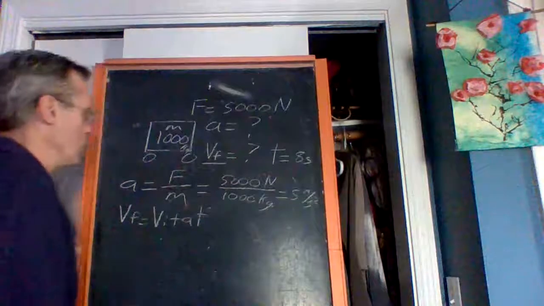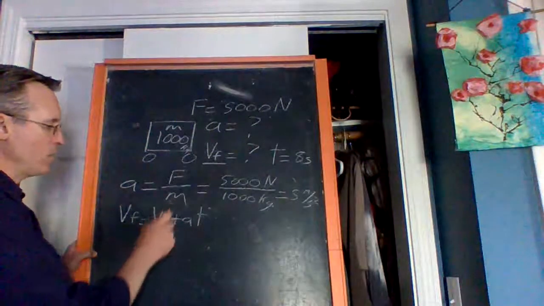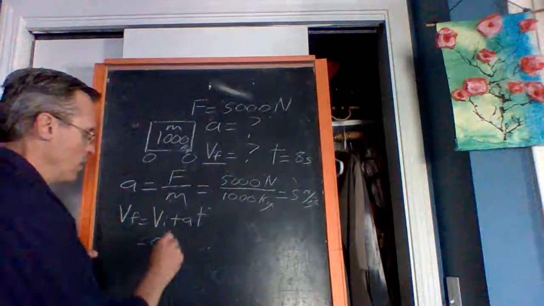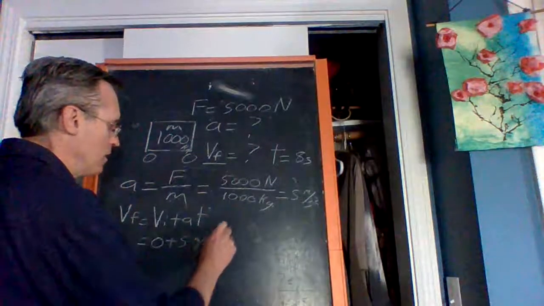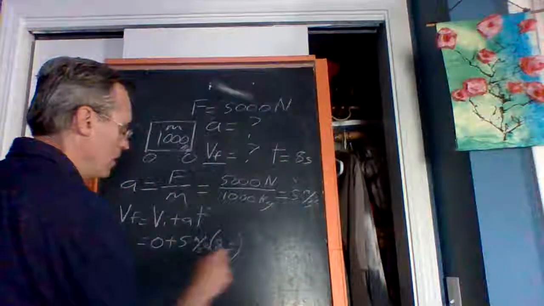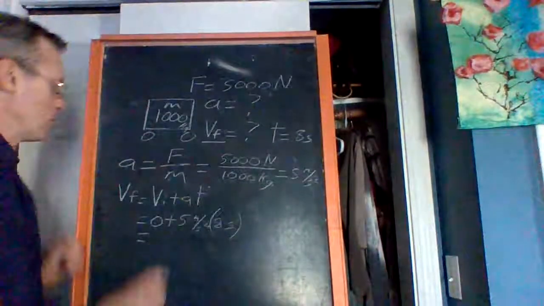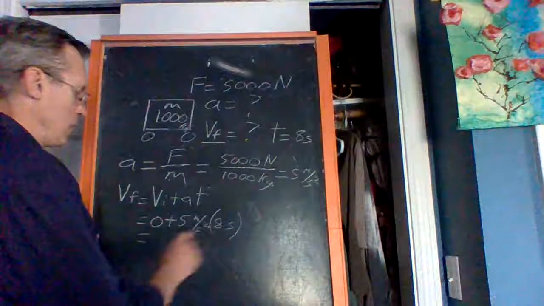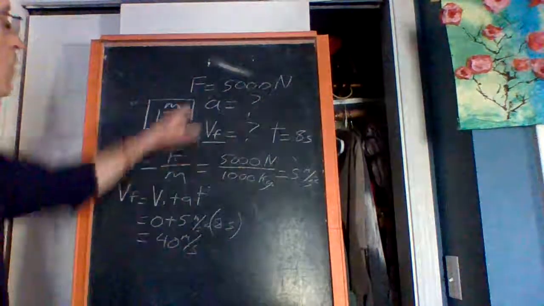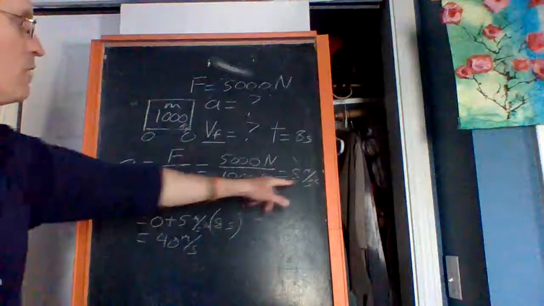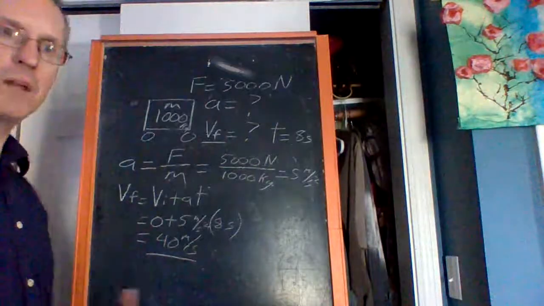If you're starting from rest, the initial velocity is 0, plus a is 5 meters per second squared, and t is 8 seconds. So 5 times 8 is 40 meters per second. If you put that force on the car, it will speed up at 5 meters per second squared, and after 8 seconds it will be going 40 meters per second.